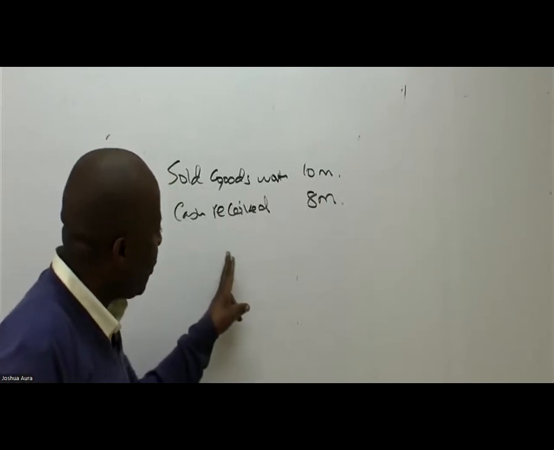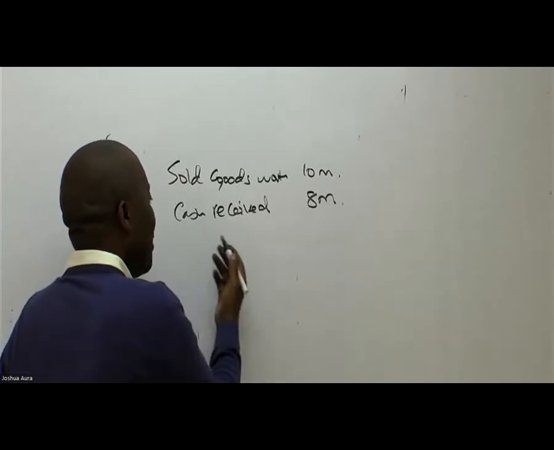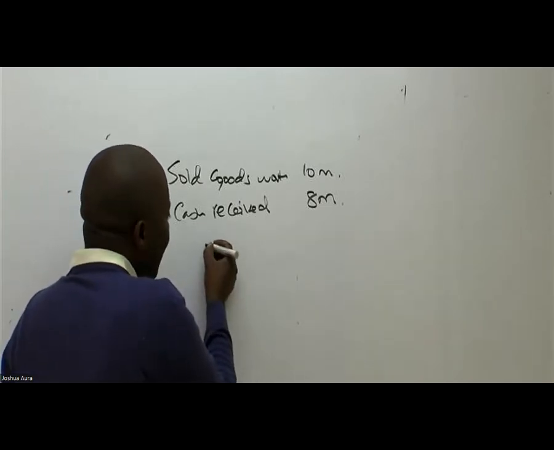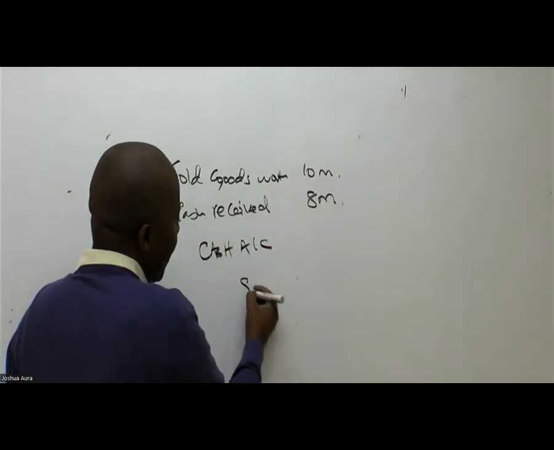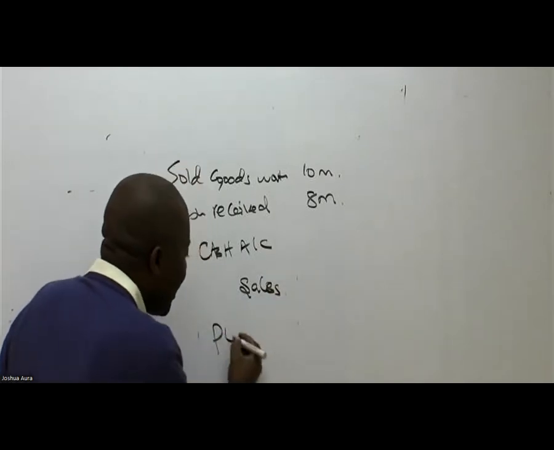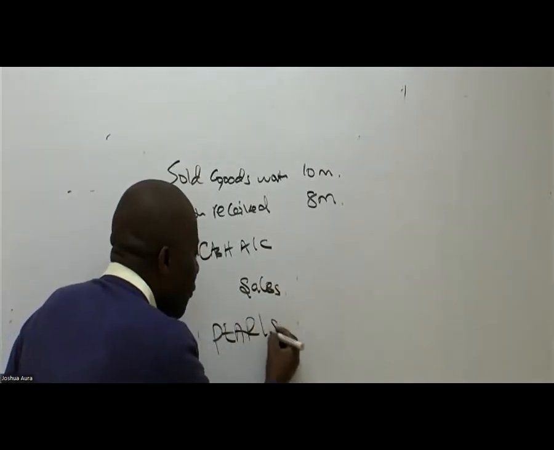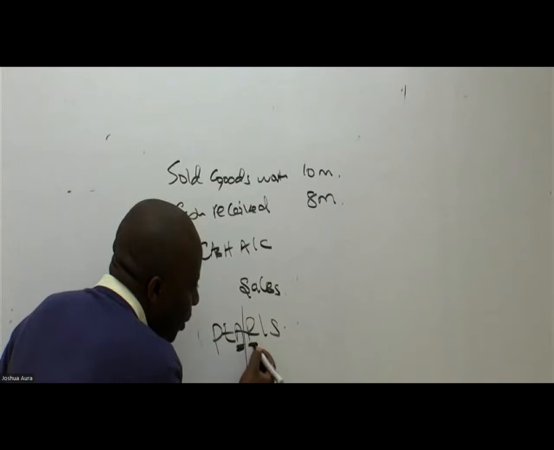So in the journals, because I was using QuickBooks, I went ahead and opened the two accounts. Here I can see my two accounts which are being affected. I can see the cash account, and of course I can see the sales account. Ladies and gentlemen, from our pairs, this is what we have seen: assets will be debited whenever they increase, and revenue will be credited.